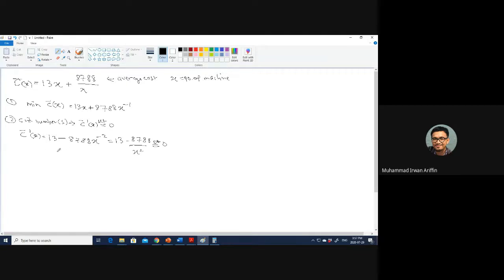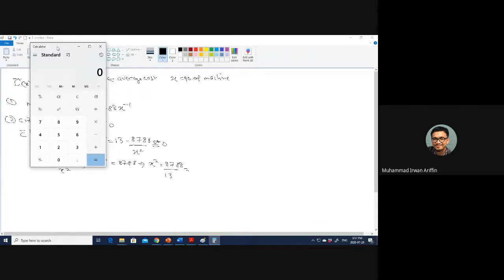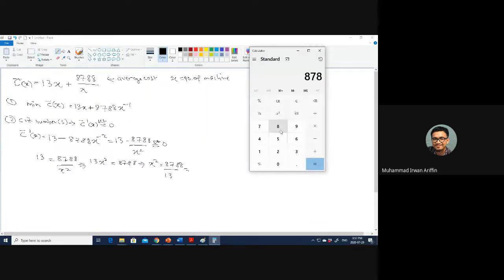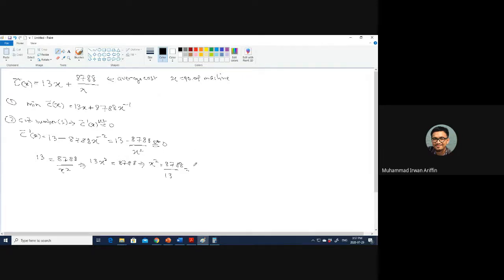So how do we solve this? We have 13 equals 8,788 divided by X square, and this gives us 13X square equals 8,788, and we have X square equals 8,788 divided by 13. Let me put my calculator on this side. 8,788 divided by 13 equals 676.